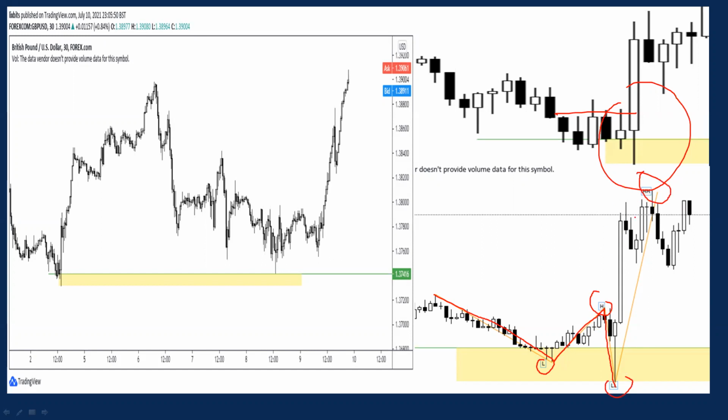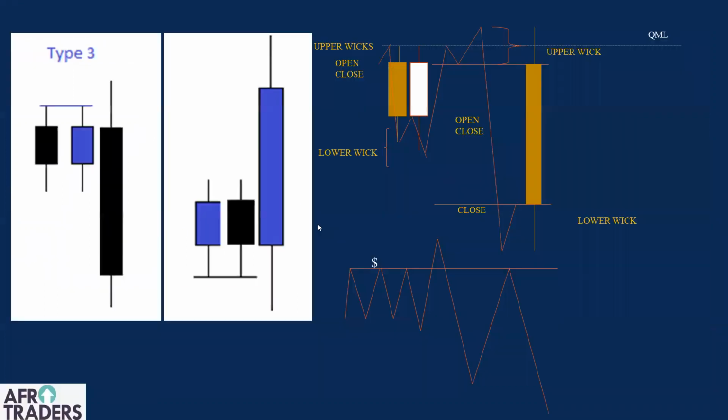So you have engulf and the Quasimodo pattern. Now market came back in, as you can see here. It came back in here, and then boom. This is a situation where you have liquidity above it.